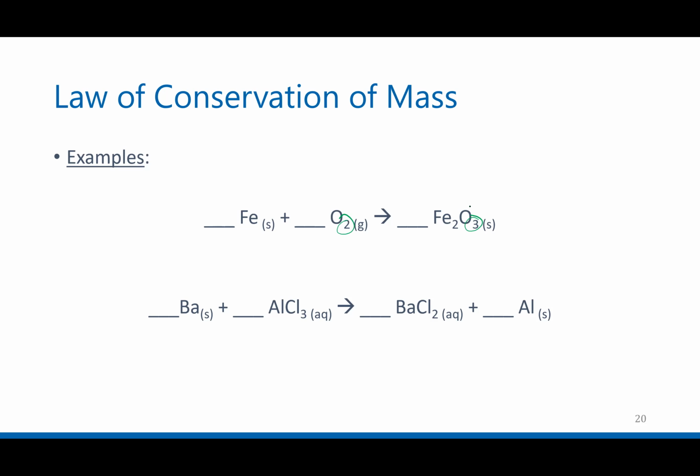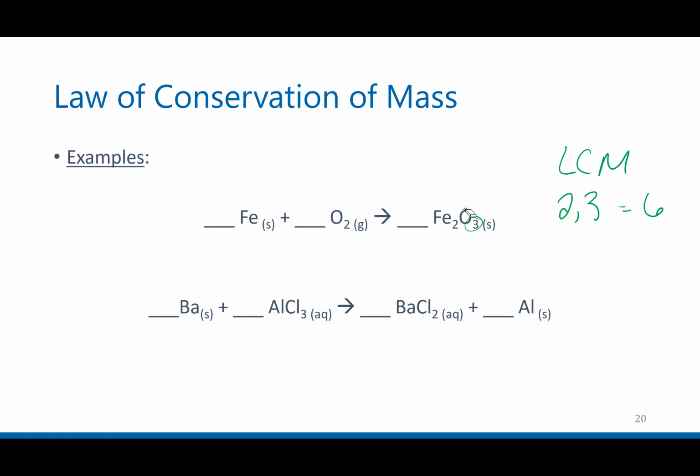I need to consider how I can get the oxygens balanced. There's a 2, there's a 3. In math, the lowest common multiple of 2 and 3 is 6. The easiest and smallest way to get the numbers 2 and 3 equal to each other is to make them equal 6.